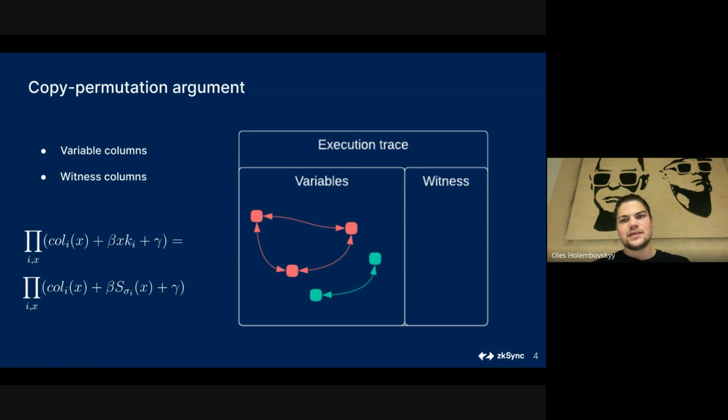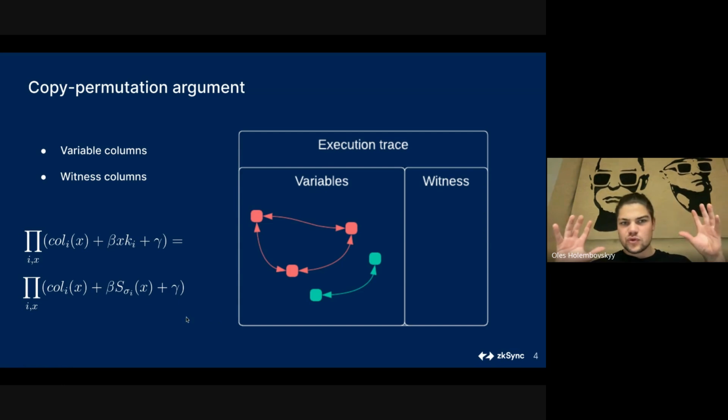Witness columns don't have this property: each cell is unique, and it's related to other cells only by gates and lookups. In order to prove equality, we have a grand product like this.